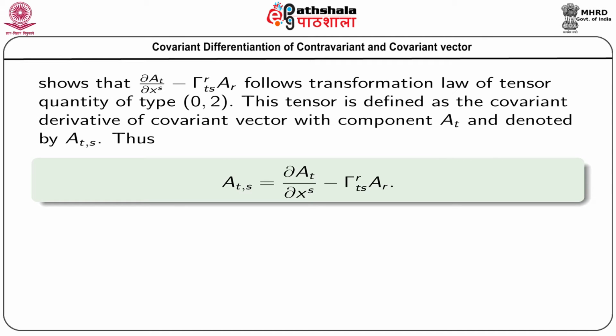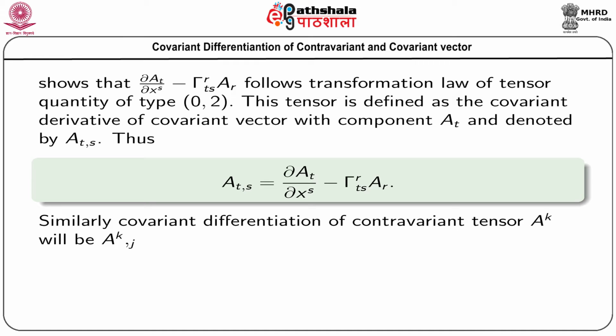Thus, a t comma s equals del a t by del x s minus gamma r t s a r. So, this is known as the covariant derivative of a covariant vector with respect to x s.